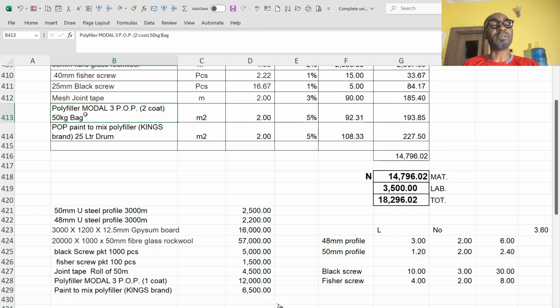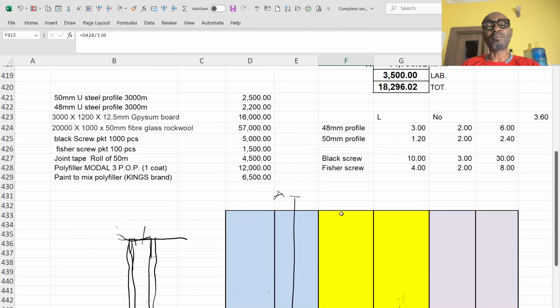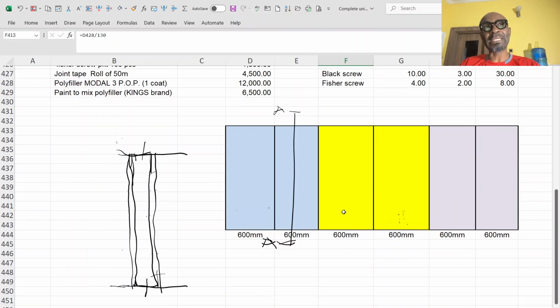Then the polyfiller, which is the moulder for screeding, for a smooth wall like this where you're using drywall, the surface is always very smooth. The wall is straight and smooth, so you don't need to waste more materials to bring it to a smooth surface.